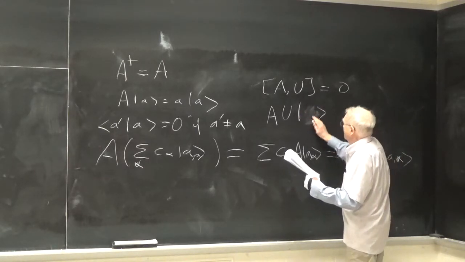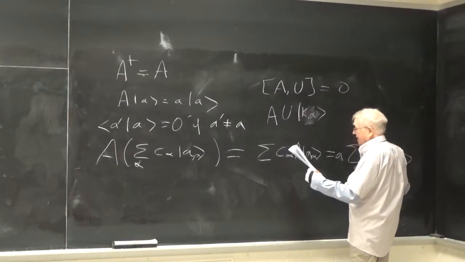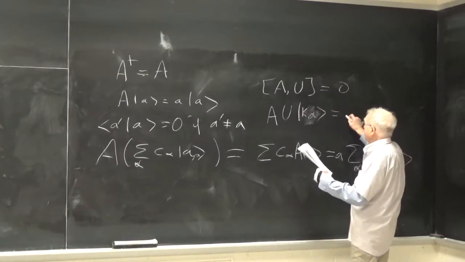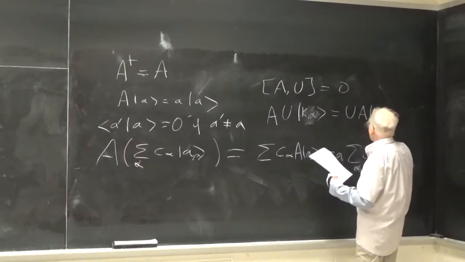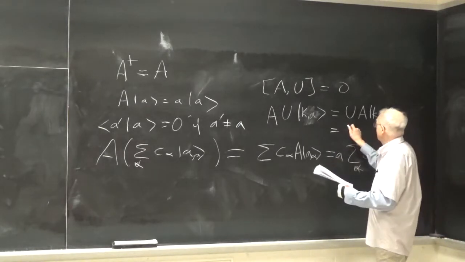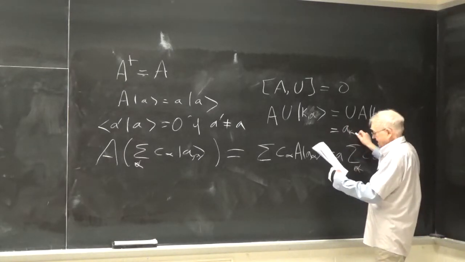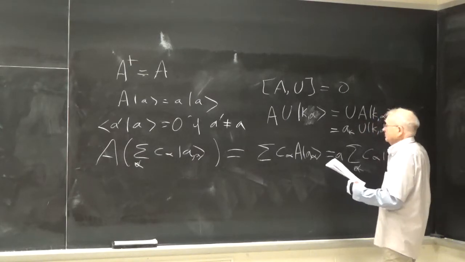All right, if I follow the notation of the book rather than improvise, then this is the same thing as U A K alpha, but these are degenerate eigenvectors, so this is A sub K U of K alpha.